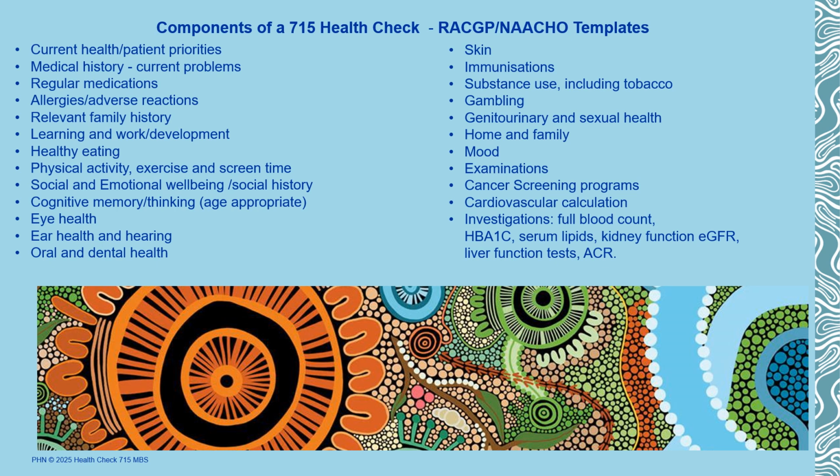Under physical activity, there is screen time too, so that's been added in there. As you can see, it covers a lot. It's very in depth, but later in the presentation we'll go through some of these questions and how they look in the component. This is just to show you what the new templates are going to cover.